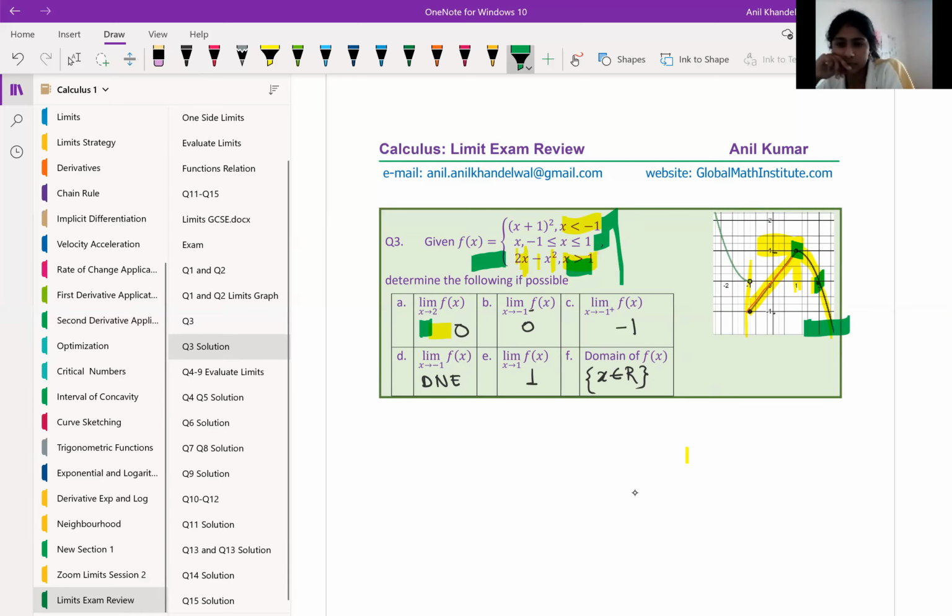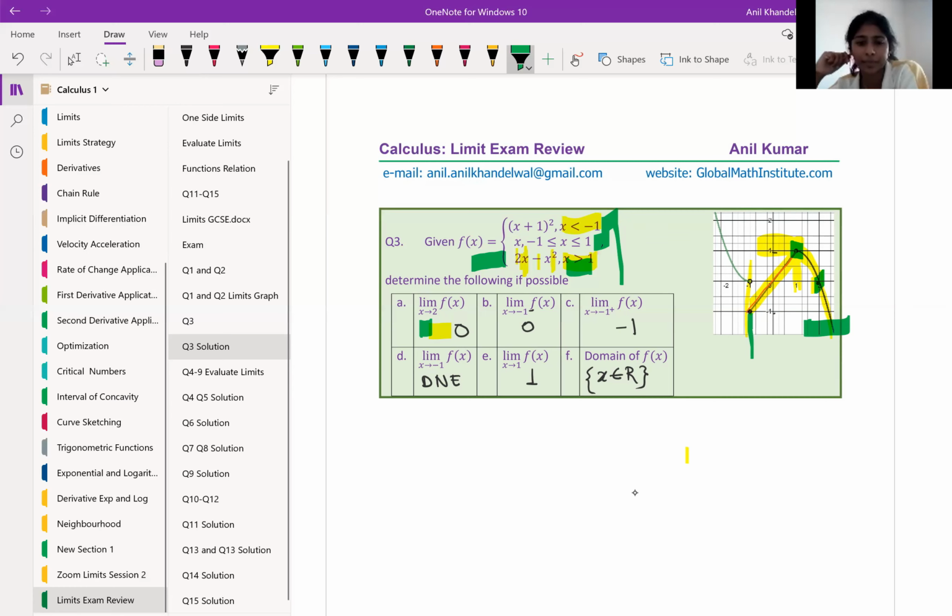If they meet at a point, as they do at 1, then it's continuous there, and if they do not meet at -1, we have a jump discontinuity, correct? Sometimes that is required, so you could answer later. But once you have your graph, you could easily answer all the questions. Either way, you could answer the questions and then make your graph side by side and check your solution.